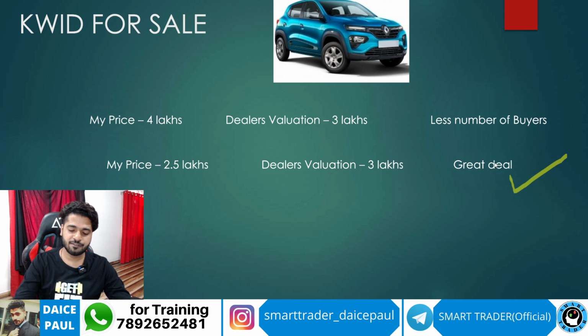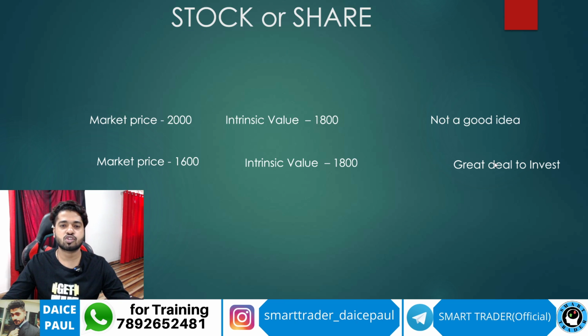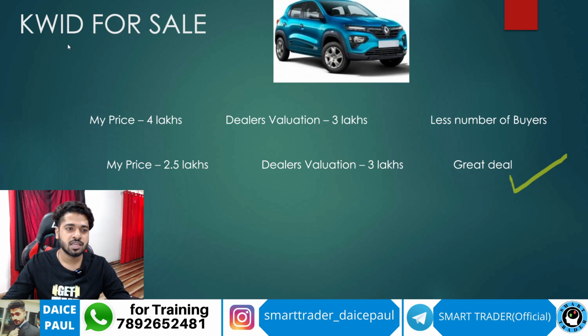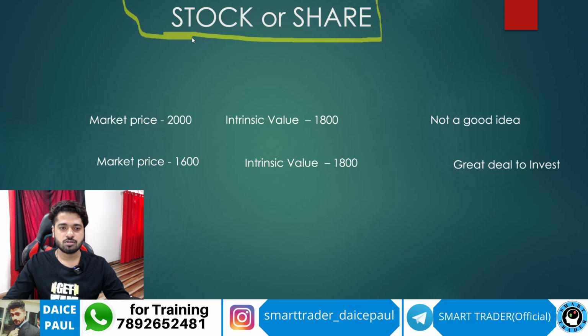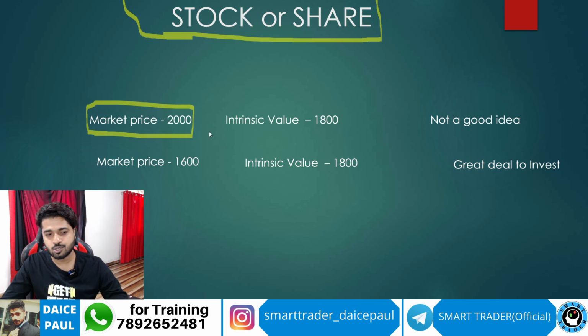Now let's put the same example for a stock or share. Instead of my Renault KWID, I will consider any company share, Reliance or any stock we are talking about. Very simple example. Let's say the market price of Reliance is around 2000, a rough example, as of today.